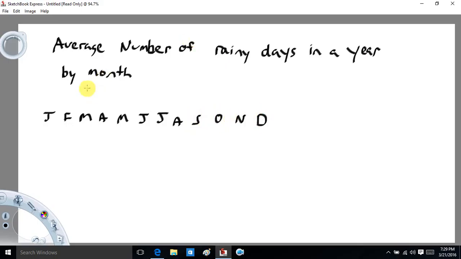Okay, these are our 12 months. And in each of those months, let's say on average this is the number of rainy days. And I'm making these up.